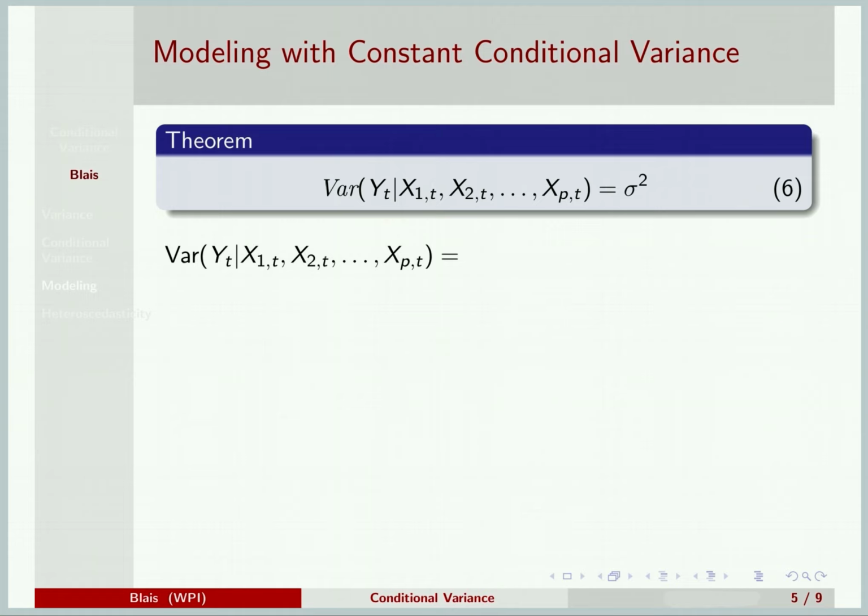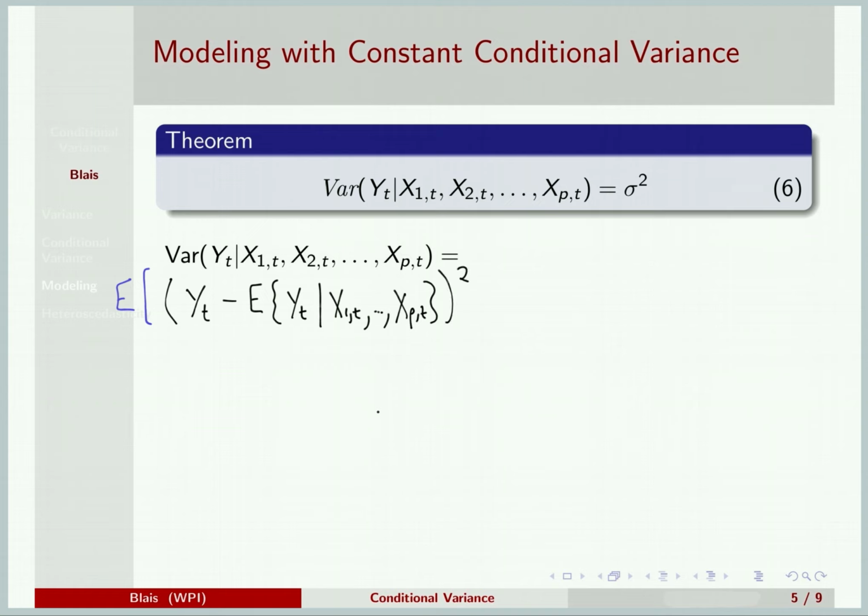We have our outer expectation, so it's the conditional expectation of yt minus, and this will be our inner conditional expectation, the expectation of yt given x1t up to xpt, that quantity squared.